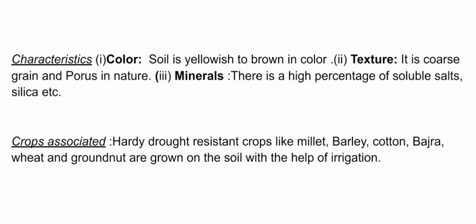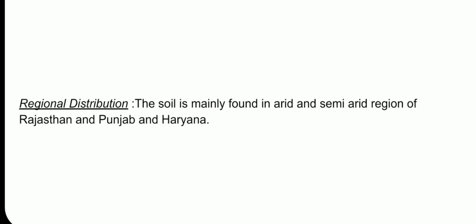Hardy, drought-resistant crops like millet, barley, cotton, bajra, wheat, and groundnut are grown on the soil with the help of irrigation. Regional distribution. The soil is mainly found in arid and semi-arid regions of Rajasthan, Punjab and Haryana.